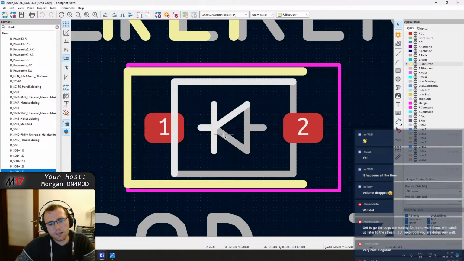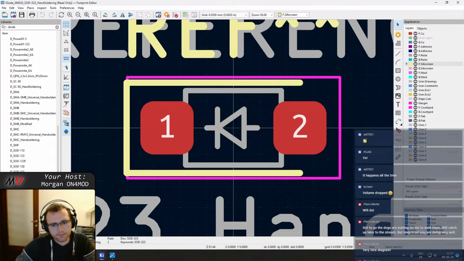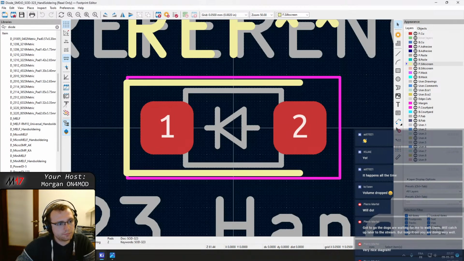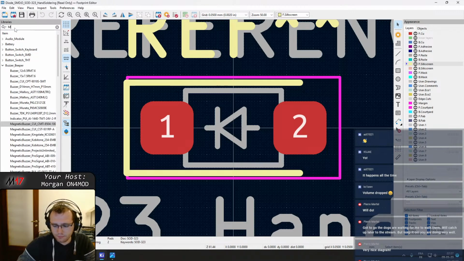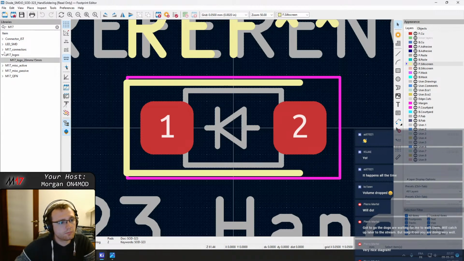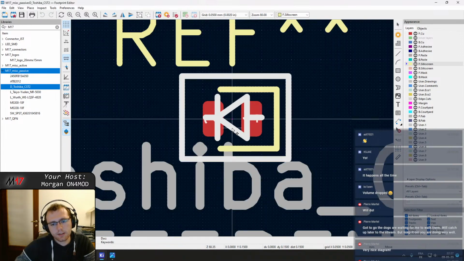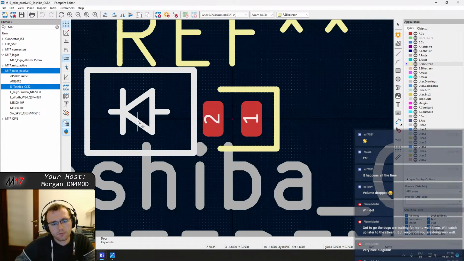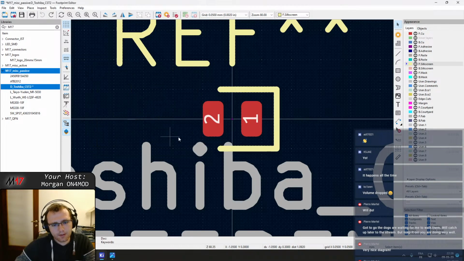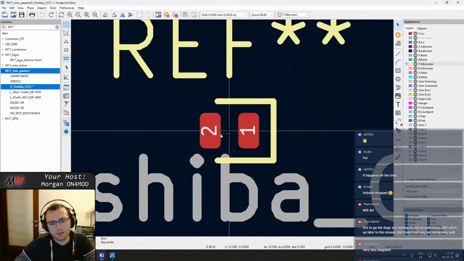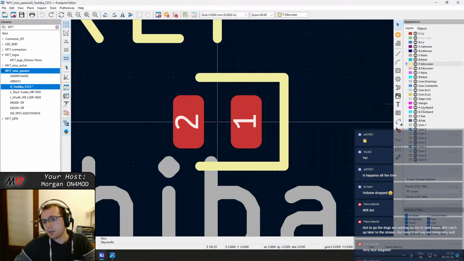Let's steal it from KiCad. I don't want to redraw all this. Whoa. That's huge. Maybe I shouldn't have stolen it. Anyway, then maybe I don't need to draw it anyway.